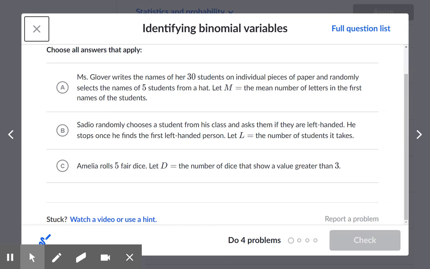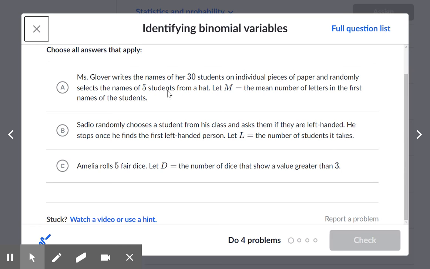Maybe that's another way of looking at it. And how about the number of trials? It's fixed at 5. You just need 5 papers from the 30 papers that you put in the hat. That's okay. And is it independent? It doesn't affect, right, each time you go in and select a name.